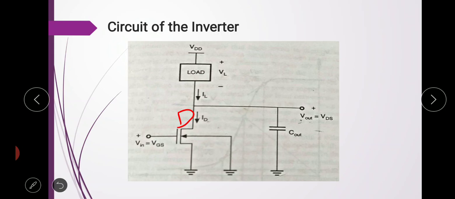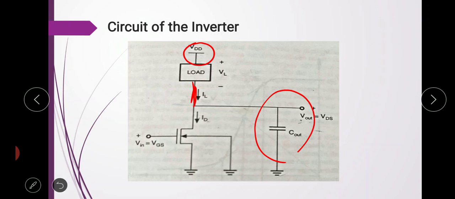Then the load device is represented as a two-terminal circuit element with terminal current IL and terminal voltage VL. One terminal of the load device is connected to the drain of the NMOS, while the other terminal is connected to VDD, that is the power supply.